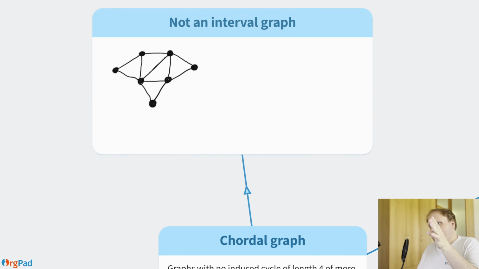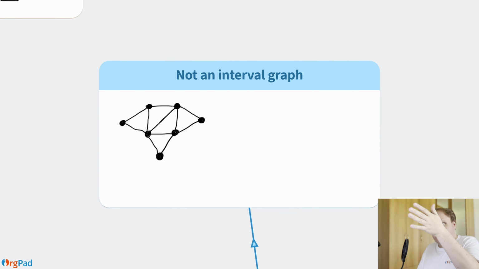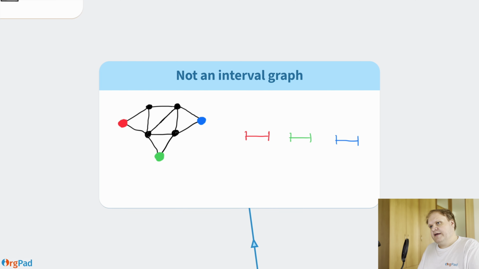This graph is not an interval graph, and this can be argued as follows. Let's consider these 3 highlighted vertices. They have to be represented by some intervals in some ordering. Let's put red, green, and blue, like this. And we have also highlighted 3 paths going between each of the pairs.